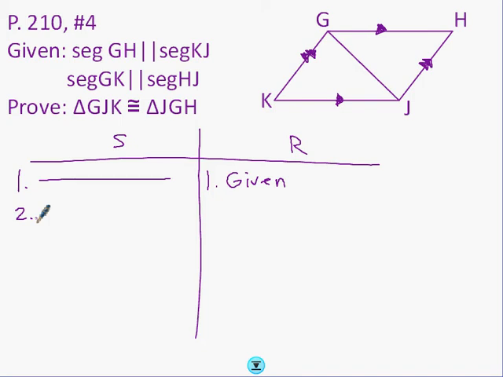And so I'm going to look at the picture here. Obviously, the bottom triangle's side GJ is the same length as the top triangle's side GJ. That is to say, GJ is congruent to GJ. The reason we know that anything is congruent to itself is called the reflexive property.